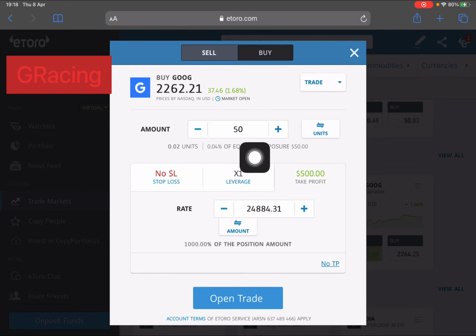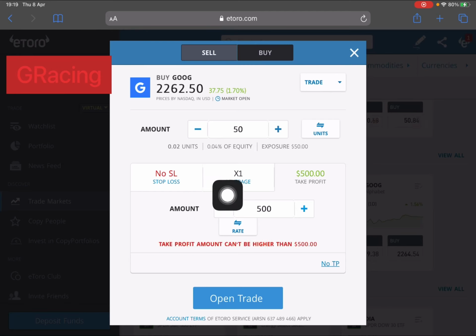Immediately, once this value becomes 500, it will automatically close your trade, and then you will take profit of 500. So you can also adjust this one if you want to take profit at 400, 300, but maximum is good. So we're okay with the take profit. No stop loss because you are using X1.